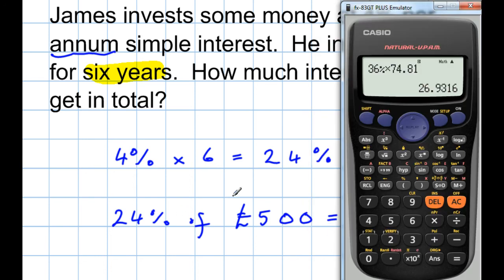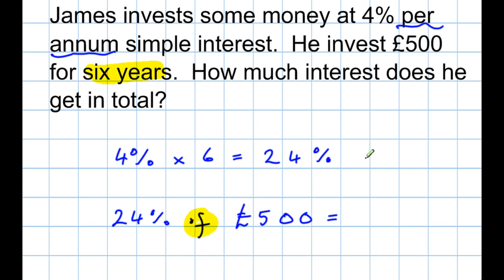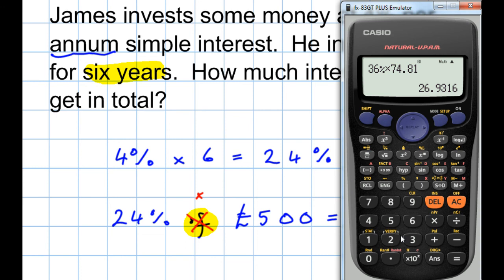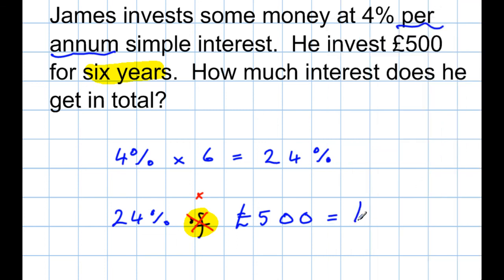Now remember the word of we can cross out and replace with times. So all we do is this: 24 shift percent times 500, and there we have it. His interest is £120. That's how much he gets for just having lent that money for 6 years, for being unable to use it.